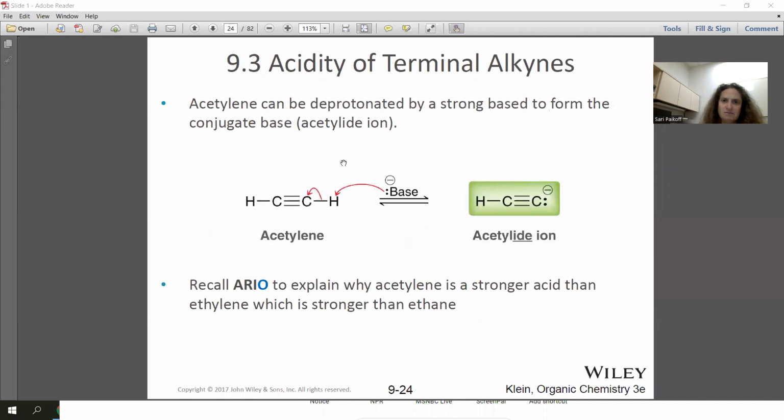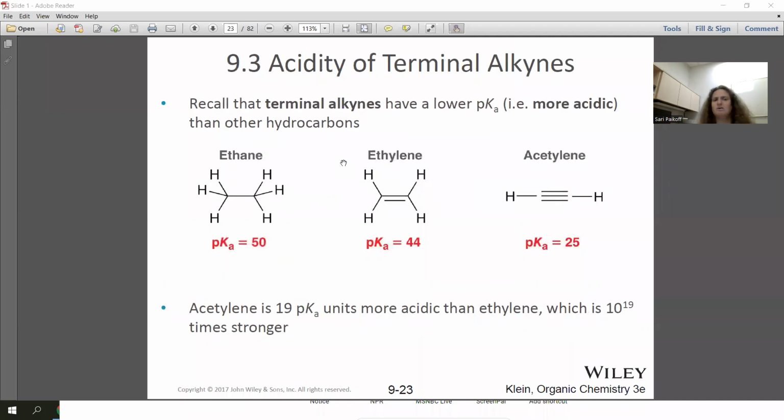So we talked about acidity of terminal alkynes, and we talked about how they're much more acidic than an alkane. So this we can actually deprotonate with a very strong base.